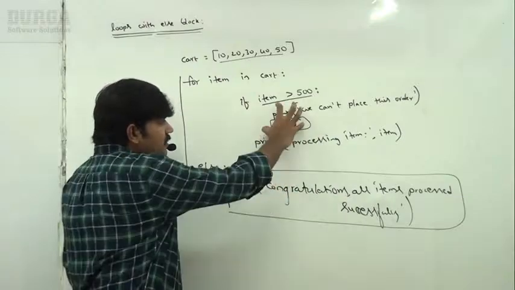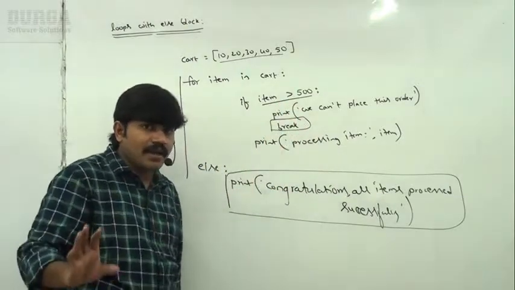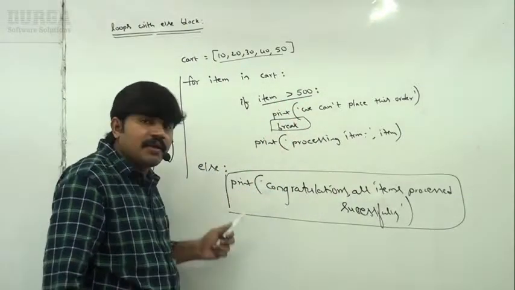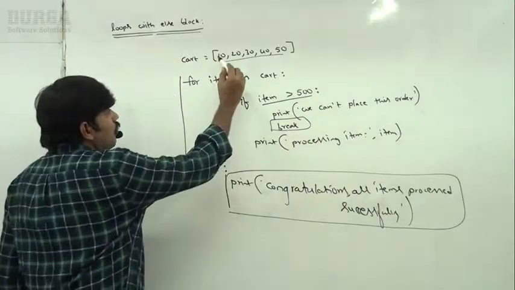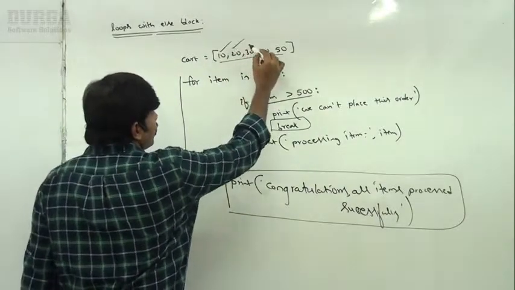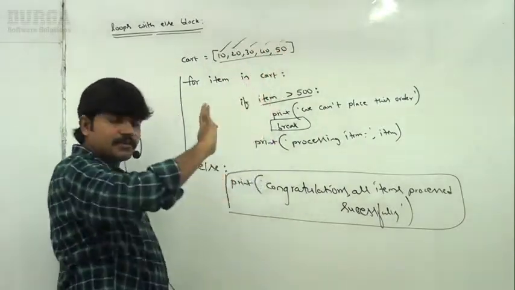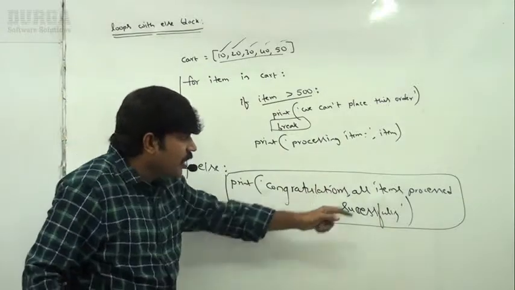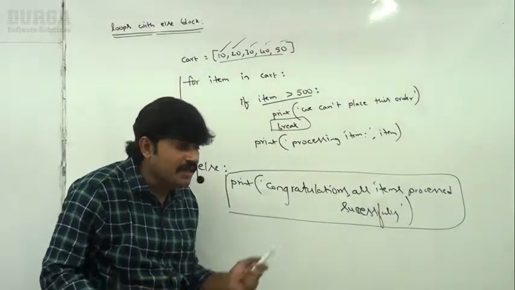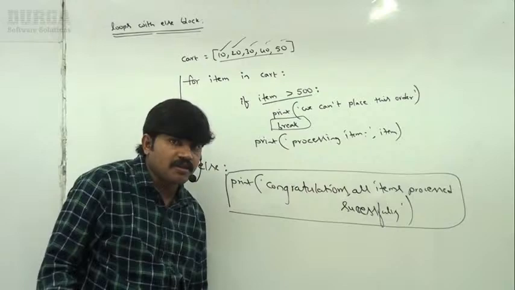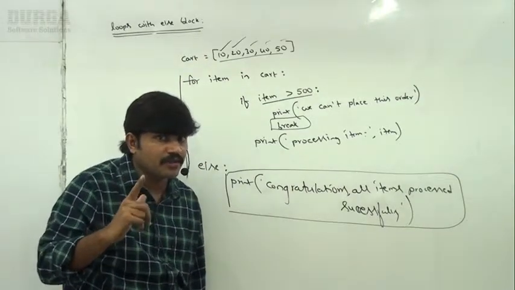Insurance not required, break is not going to come. If break does not happen, the else part is compulsorily going to execute. So processed 10, 20, 30, 40, 50, all items processed, congratulations, all items processed successfully. The else part is going to be executed. Best example to understand where we can use else.